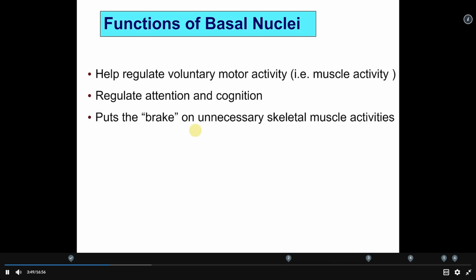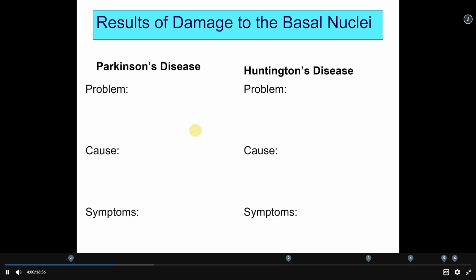So if that's the case, then one would think if there is damage to the basal nuclei, then it might affect movement. And that's the case. We're going to look at two examples where damage to the basal nuclei occurs. The first one is called Parkinson's disease, and this affects between 1 and 1.5 million Americans.